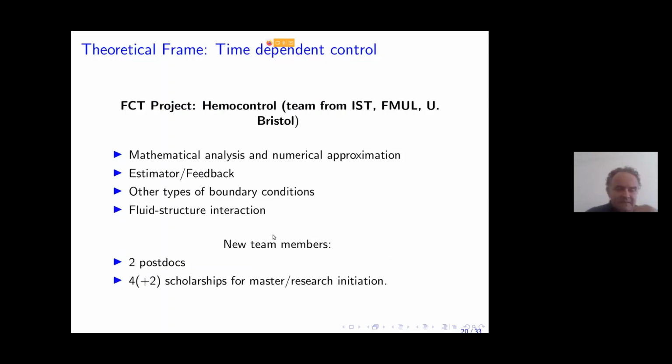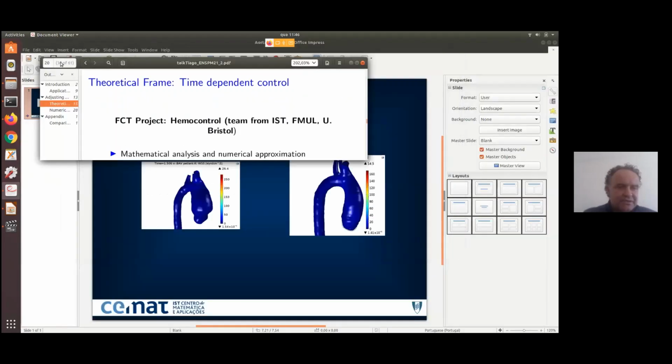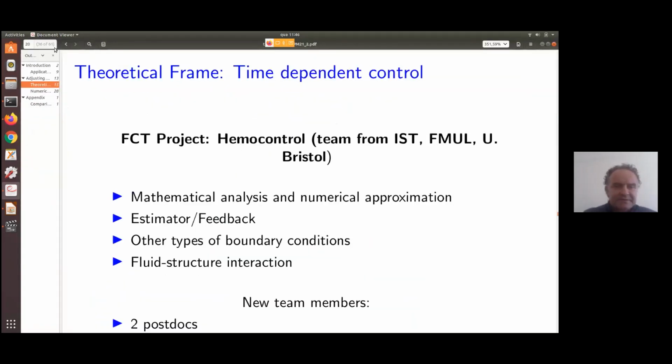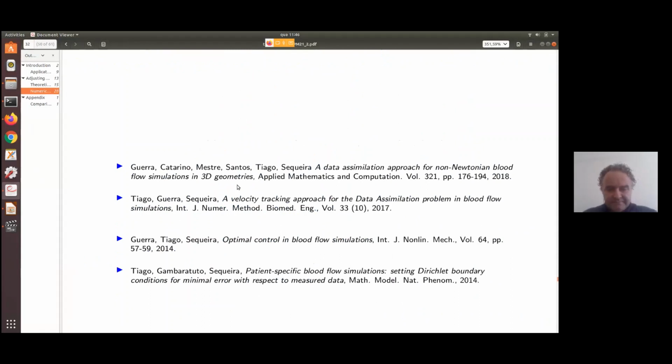Okay, I will leave some cases illustrating this for the discussion, and let me instead show here some references.